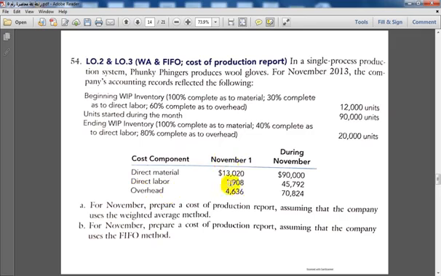November 1st reflects the cost of beginning work in process. During November represent current period cost. For November, prepare a cost of production report assuming the company uses the weighted average method. For November, prepare a cost of production report assuming that the company uses the FIFO method.